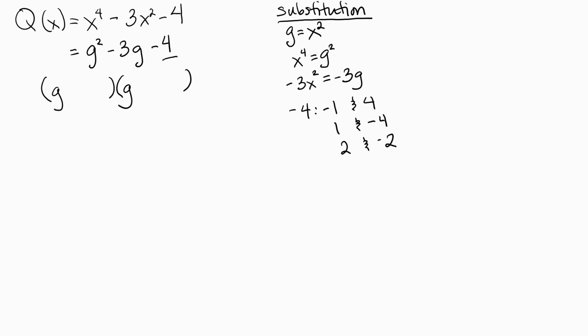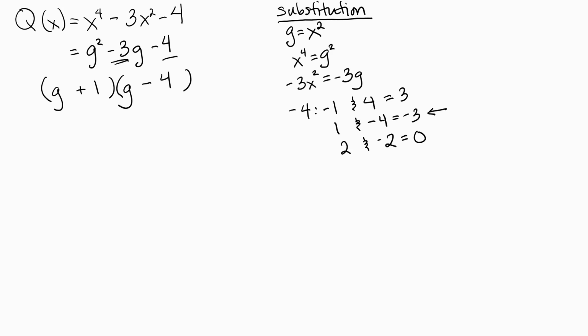Now to decide which one, I need them to add to negative 3. Negative 1 and positive 4 equal positive 3. 1 and negative 4 is negative 3, and 2 and negative 2 is 0. So I'm going to choose the pair that gets me negative 3 because that matches. So let's plug them in. That's positive 1 and negative 4.